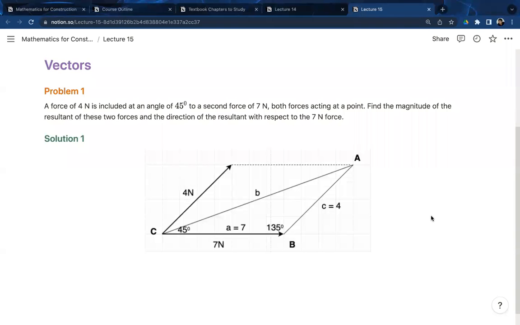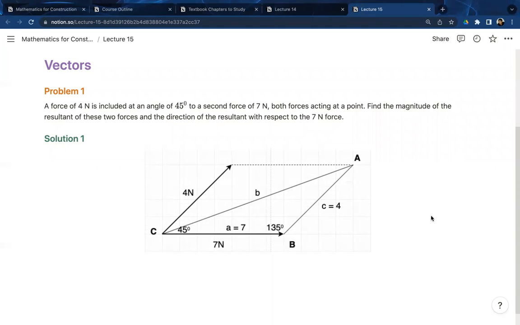So you try a different diagram here. Point C is where the two forces are acting, the 7 Newton and the 4 Newton. And they say the angle between them is 45 degrees. So that's the angle between the two forces here, 45 degrees. To add this, I draw the line AB parallel to that 4 Newton force, just to form a parallelogram.